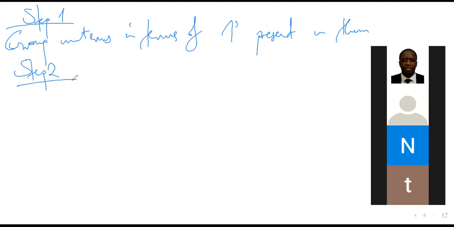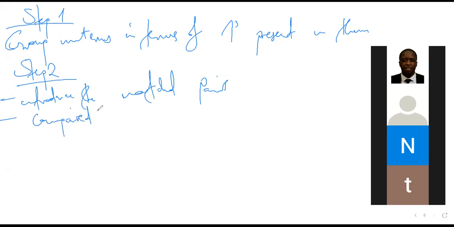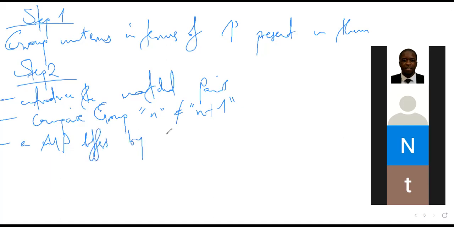A meshed pair, MP, is a pair which differs by one variable. All right, we go to our table.